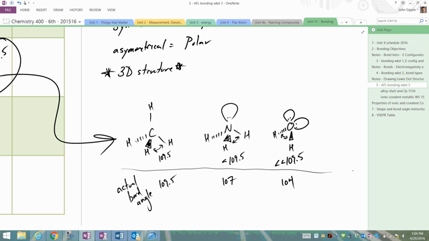But I don't care that you know that number, you just need to know that it's much less than, with two lone pairs of electrons on there, as a comparison, okay? That makes sense? Do you understand why it's less than 109.5? Because you have two lone pairs of electrons? Okay?